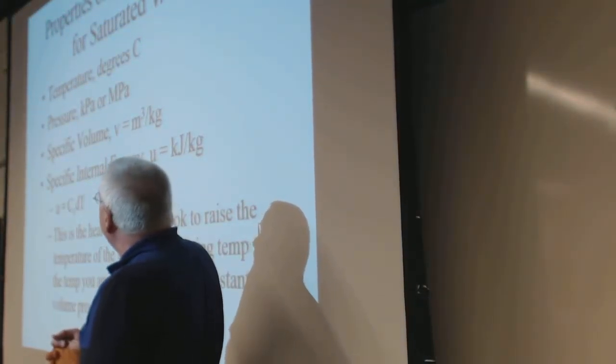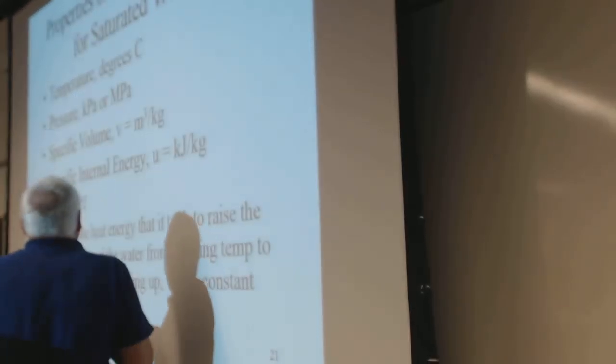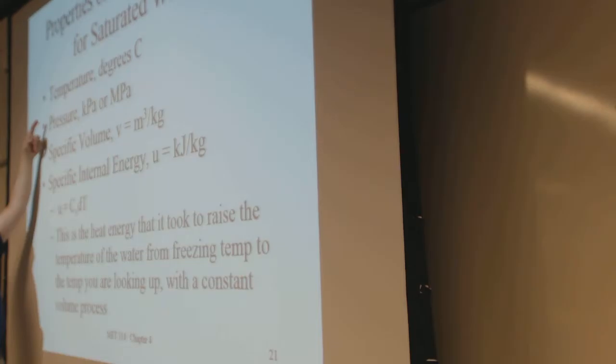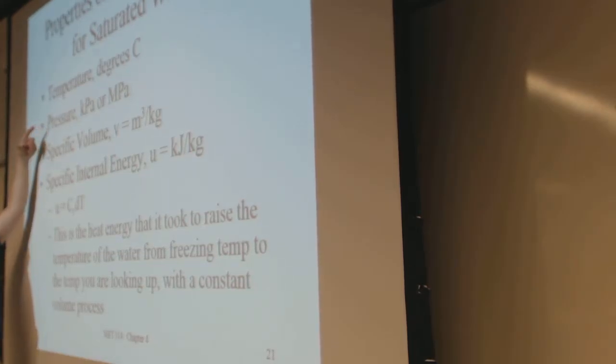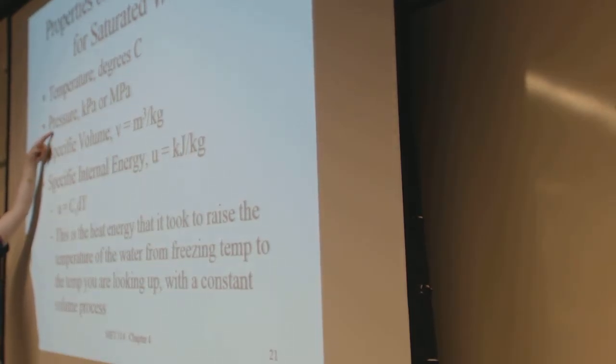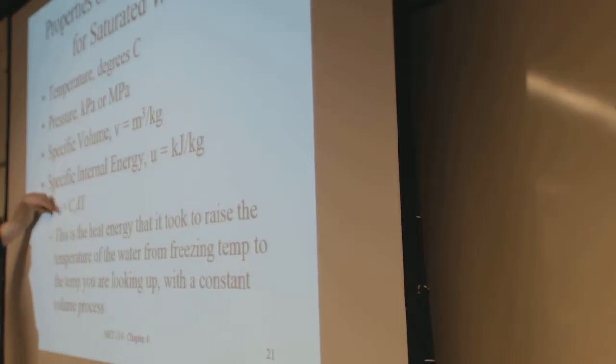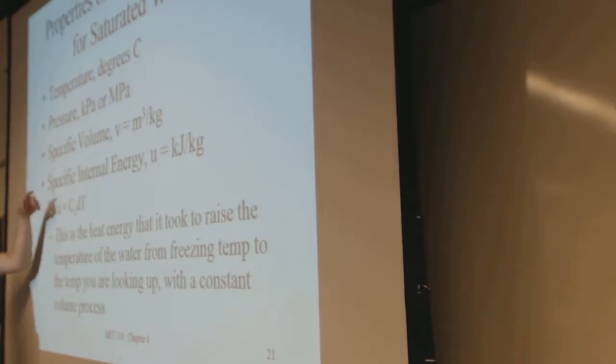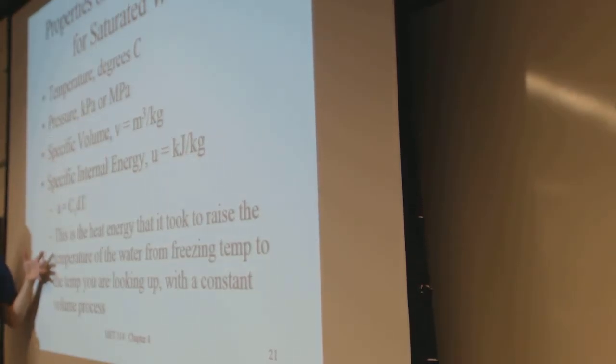If you recall, there's different things in the tables: temperature, pressure. If you know temperature and pressure, then the internal energy follows, the specific volume follows. The pressure and specific volume added to this give you the enthalpy.